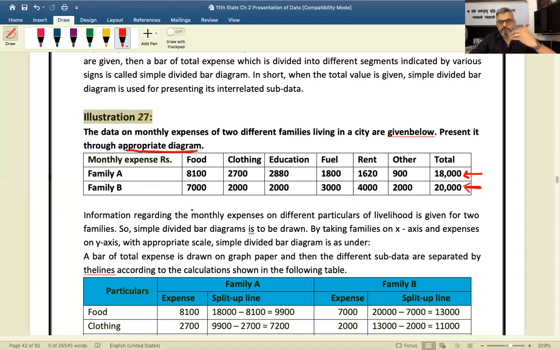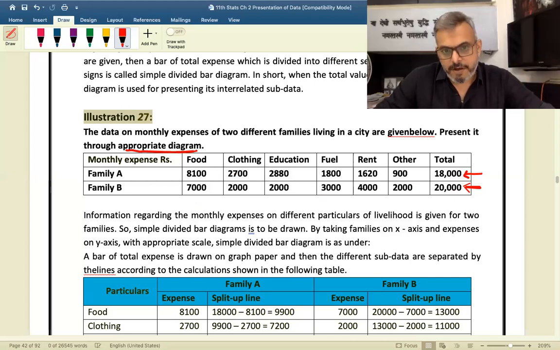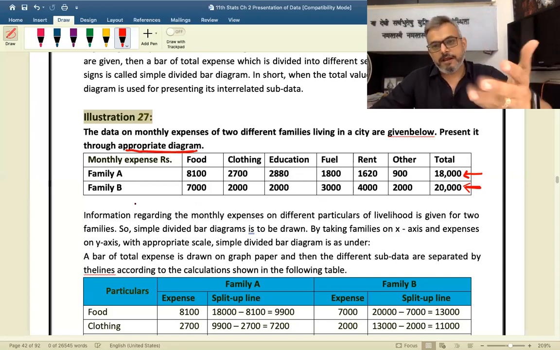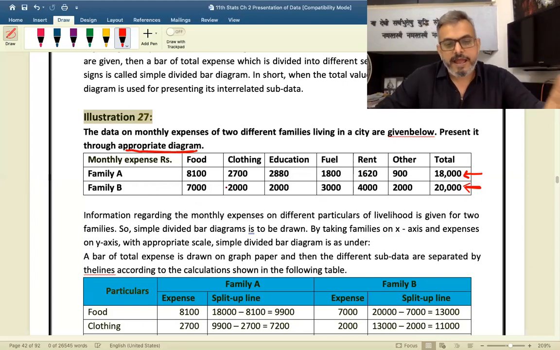Family A is spending on food, some amount, clothing, some amount, education, fuel, rent, other. Similarly, family B has different expenses, a different amount on food, a different amount on clothing. So we have to show this in a diagram.